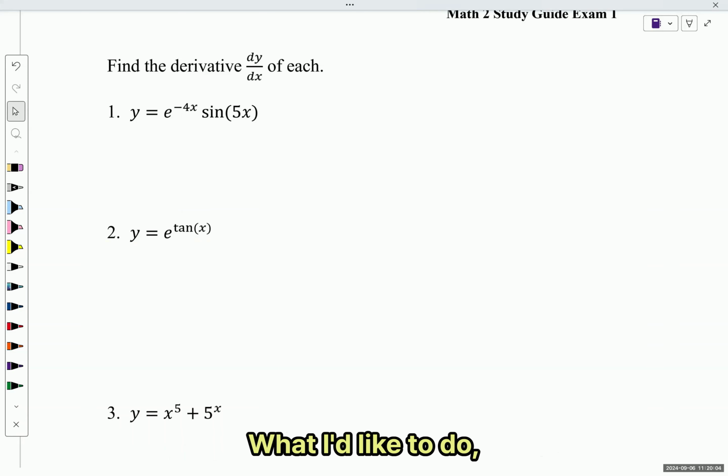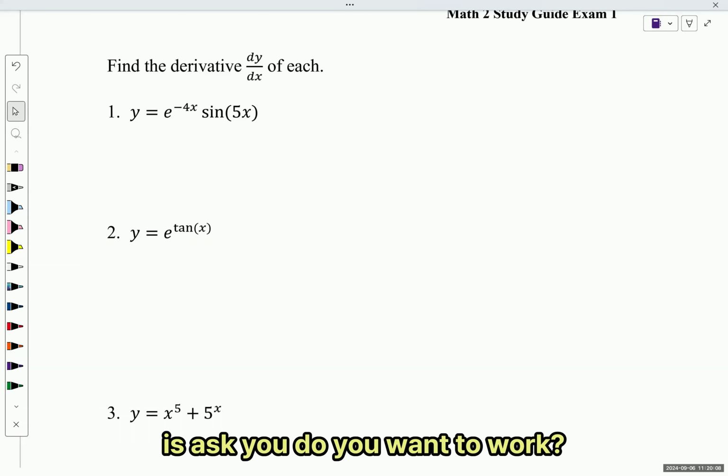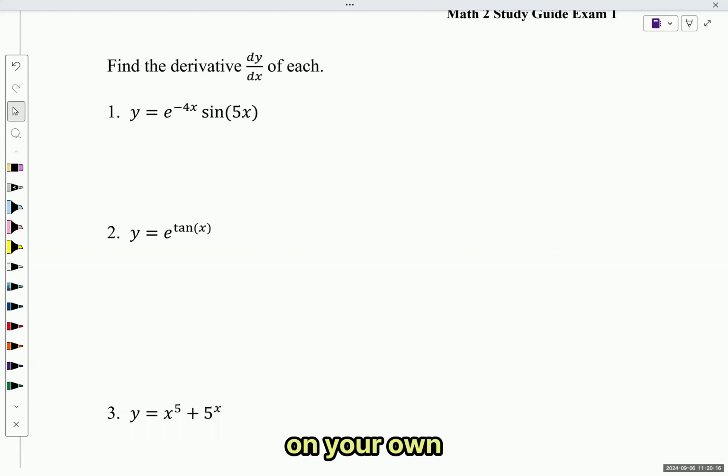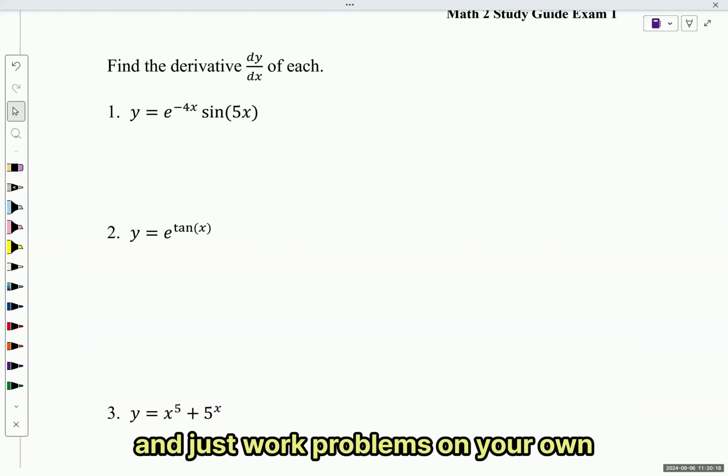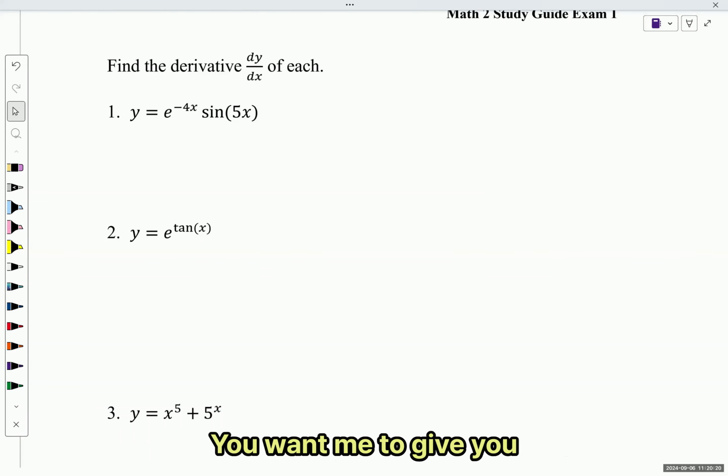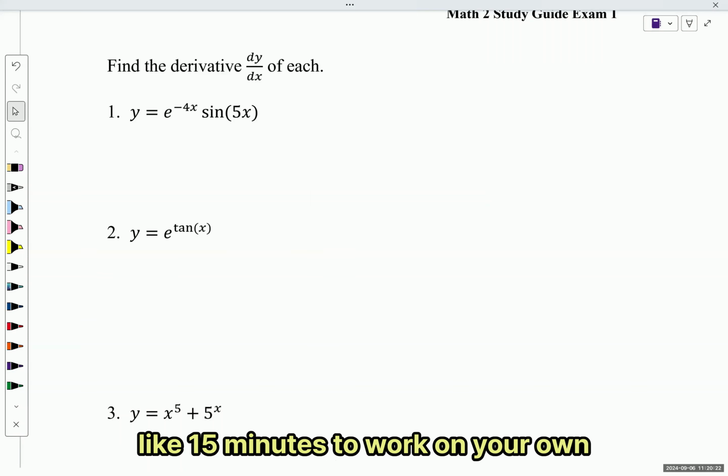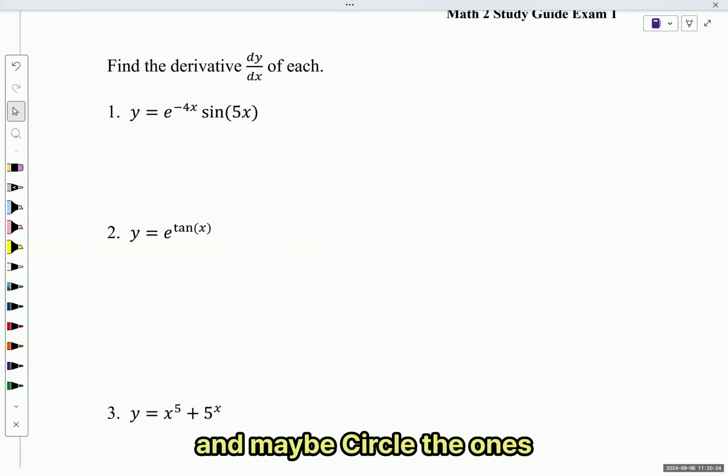What I'd like to do with the rest of the time that we have is ask you, do you want to work on your own and just work problems and ask when you have questions? Do you want me to give you like 15 minutes to work on your own and look through the problems and maybe circle the ones where you have no concept of where to start, and we talk about them?